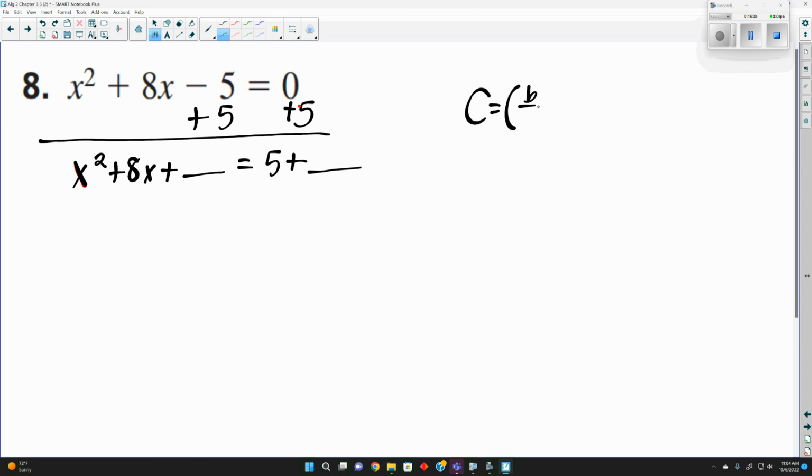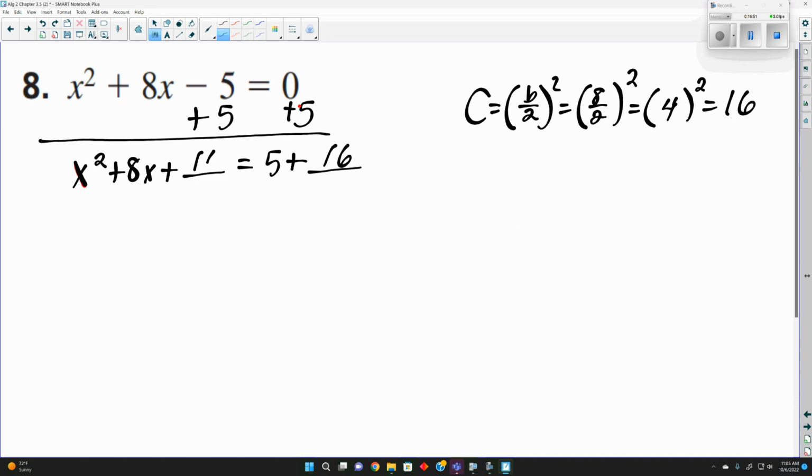Now c is equal to b over 2 squared. And for this problem here, what's the value of b? 8. And it is positive. Now 8 divided by 2 is 4, and 4 squared is 16. So this time we're adding 16 to both sides.